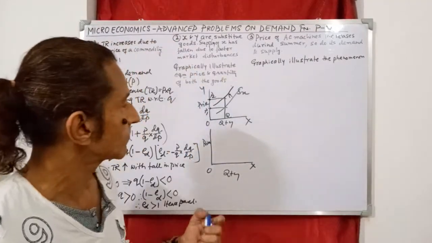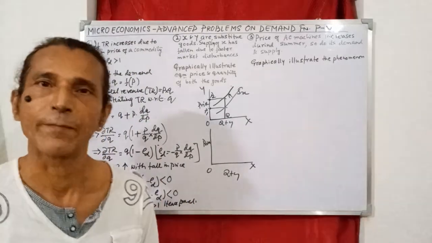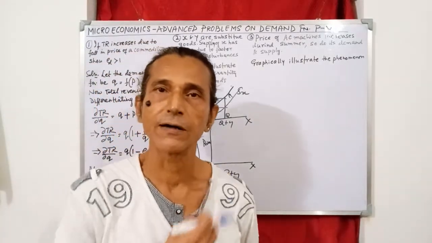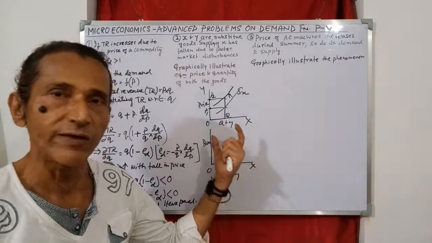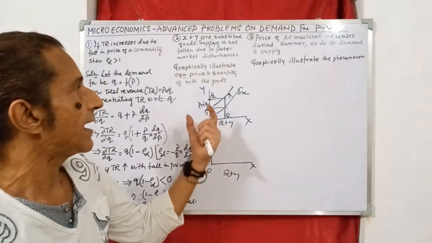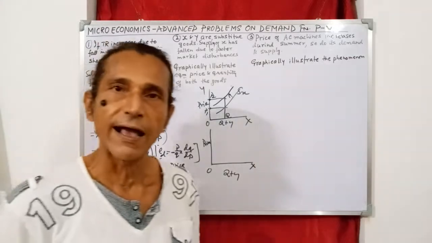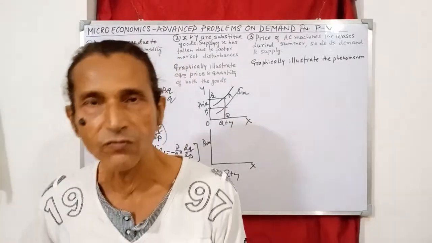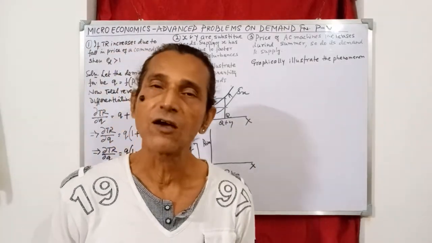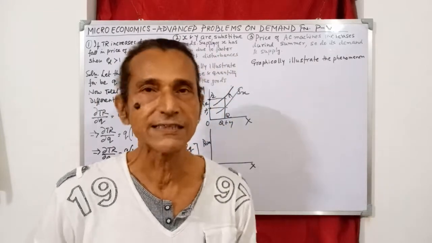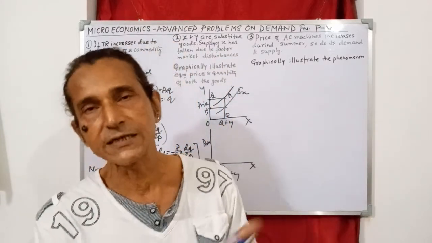Now you see, two things have happened. Number one, supply of X has fallen and price of X has increased. As we have taken the example of tea and coffee, supply of tea has fallen. As a result, price of tea has increased.